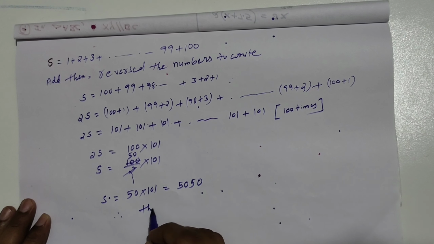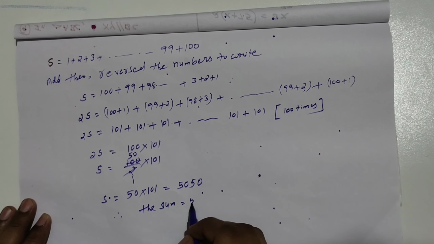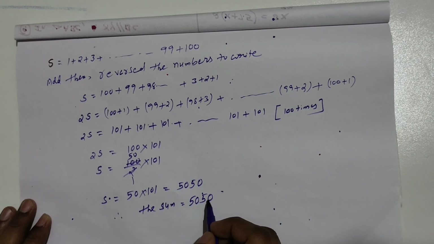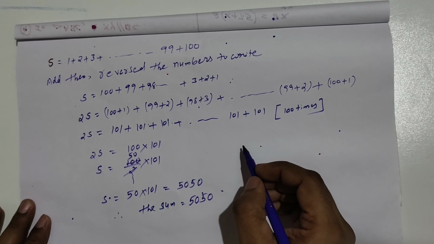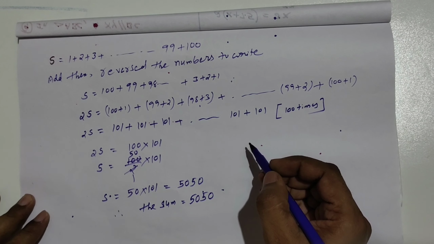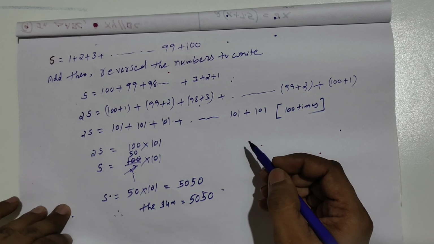Therefore, the sum of the first 100 natural numbers is 5050. Like this, Gauss found the sum of these 100 natural numbers.